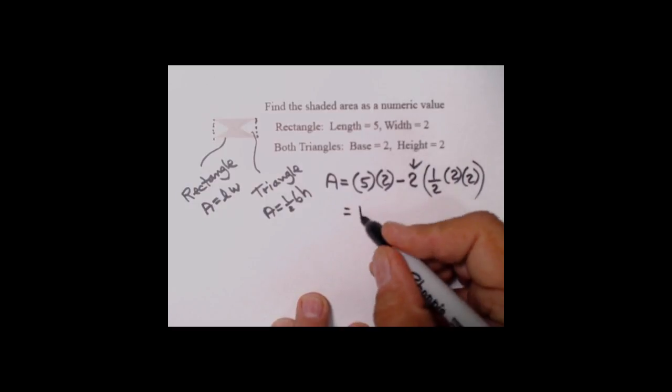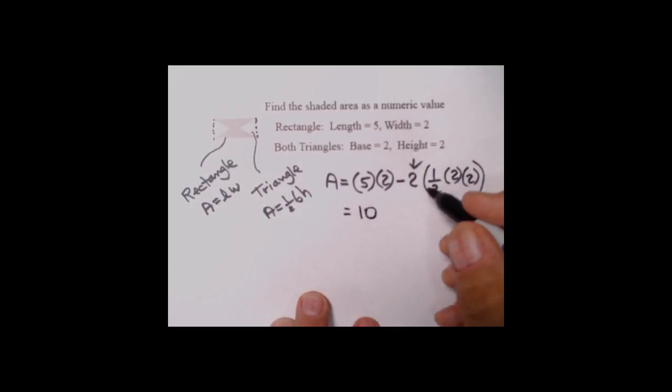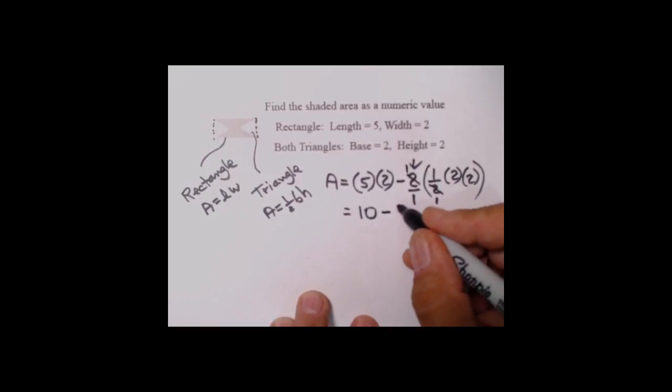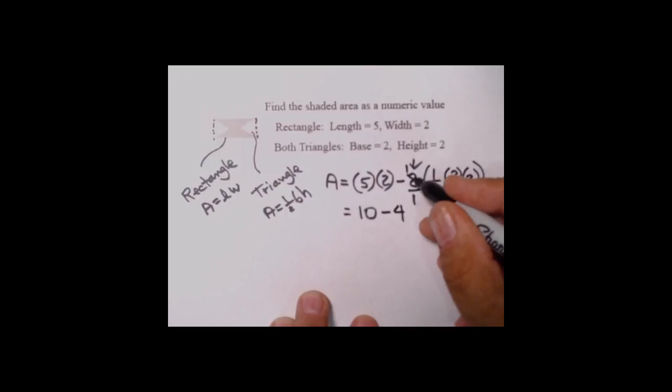5 times 2 is 10 here. Now notice I can make a fraction out of this 2 in front by putting a 1 underneath it. And so I can reduce this 2 against this 2. So they all become 1s. So the only thing I'm subtracting here now is 2 times 2, which is 4. So I reduce the 2s against each other.